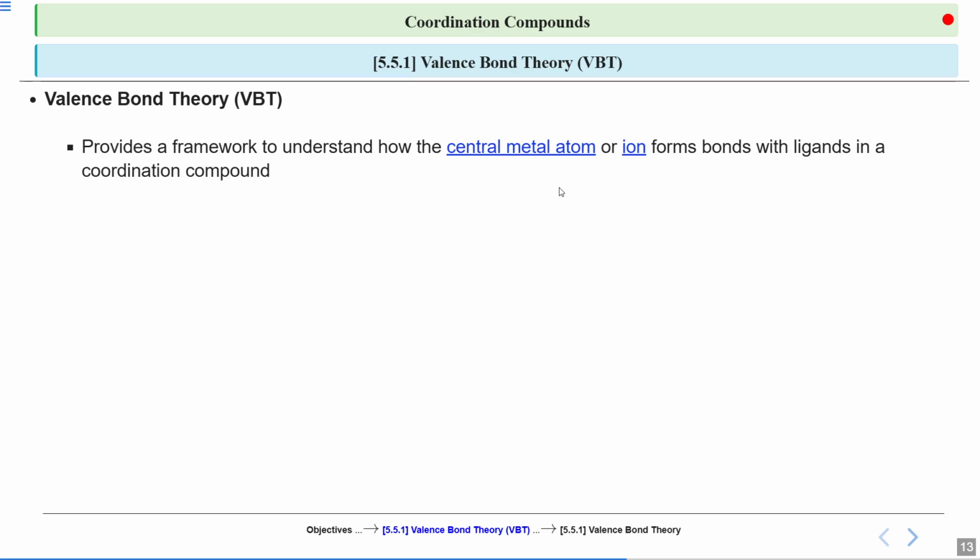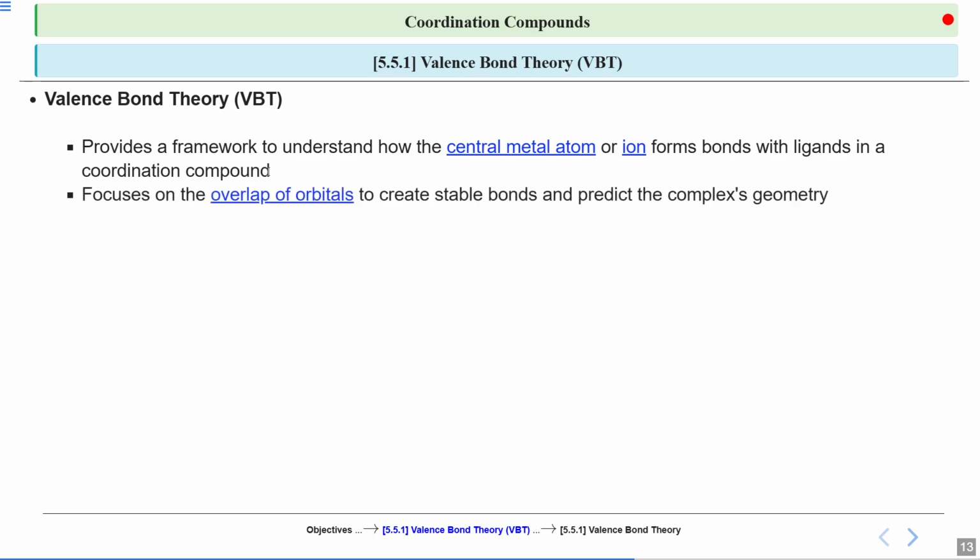The bonding formed between the central metal atom or ion and the anions or neutral molecules surrounding it, the nature of that bonding, is explained by the valence bond theory.